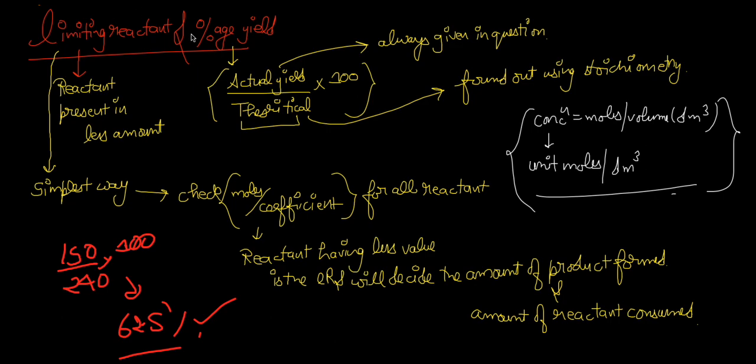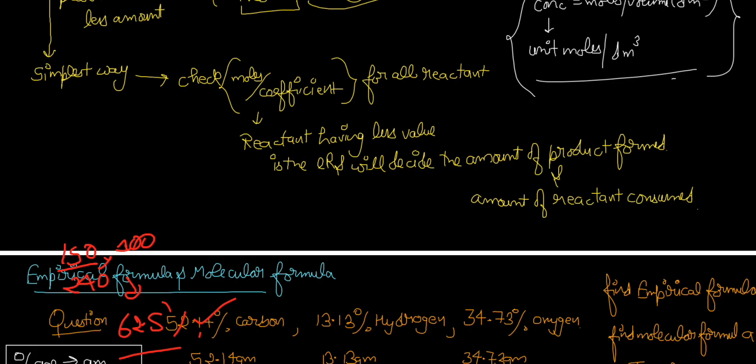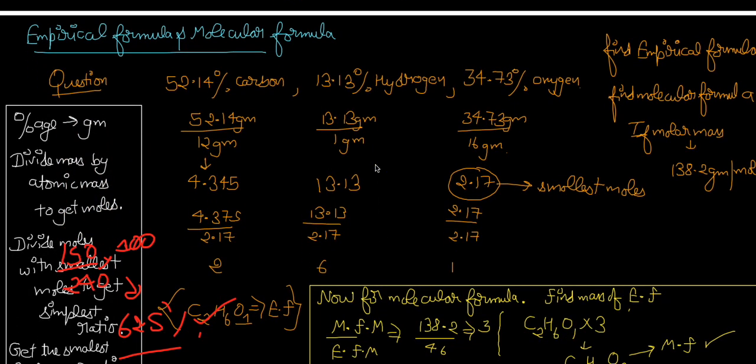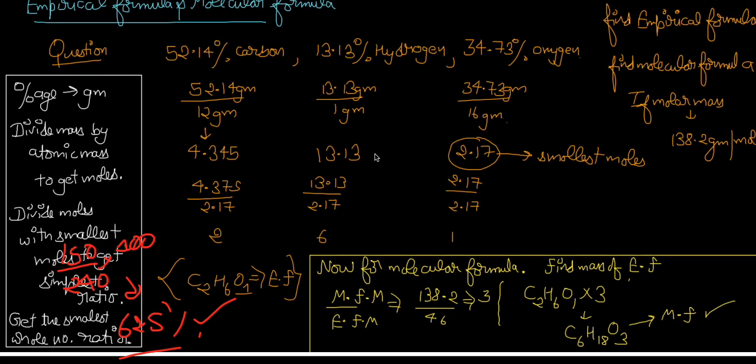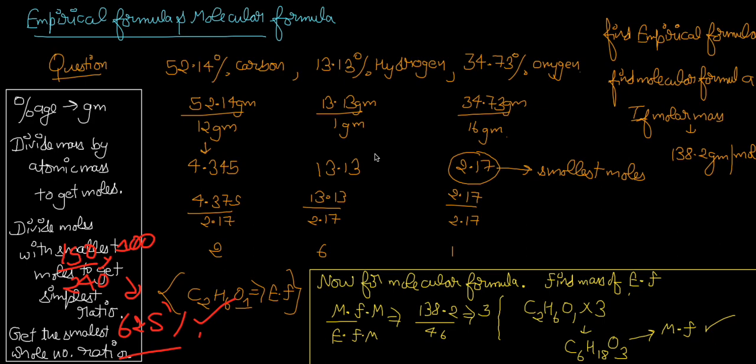We're done with limiting reactant, we're done with percentage yield. Now, we have to study this topic, which is empirical formula and molecular formula. Fine.